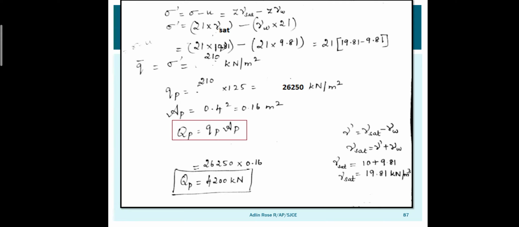What is the side here? 0.4. So 0.4 square, which is going to be 0.16 meter square. So multiplying small qp and Ap, we get the capital Qp, which is the bearing resistance or the tip resistance of the pile, which is equal to 26250 into 0.16, which is equal to 4200 kilonewton.